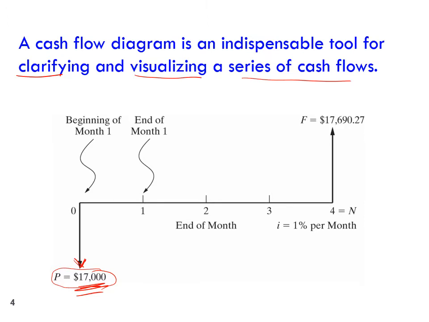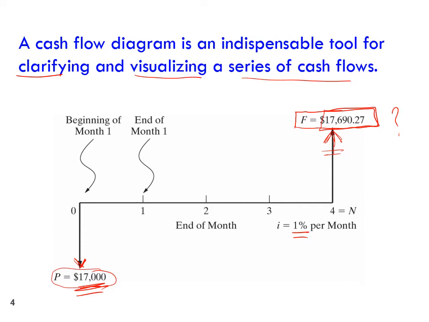And after 4 months, what do I do? I earn 1% interest rate per each month, and at the end of the 4th month, I withdraw this money from the bank account. Okay, since I withdraw the money from the bank, the amount in my pocket increases. So I receive this money, therefore it's an upward arrow. And how much do I receive? How much do I earn? This much. How did we calculate this value? We will learn in a few minutes how we calculate it.